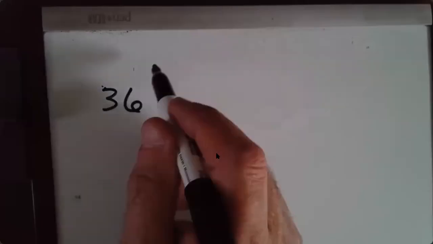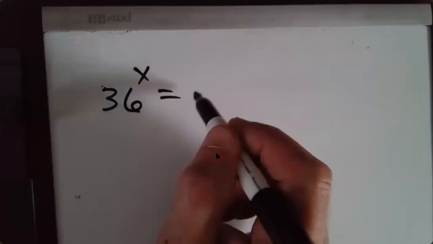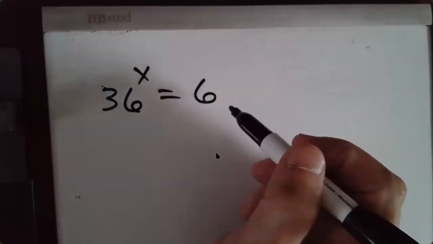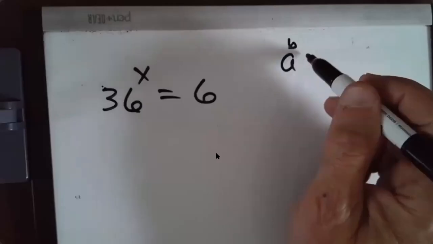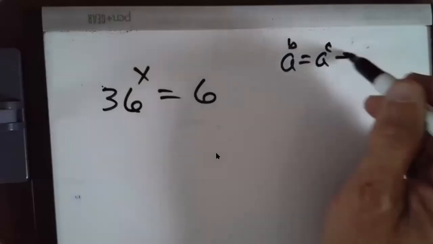Okay, well, here's one. Let's say that we have 36 to the x equals 6. Well, we want to see if we can apply, if a to the b equals a to the c, then b equals c.